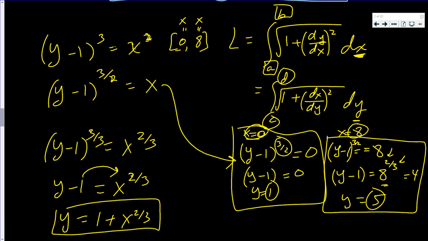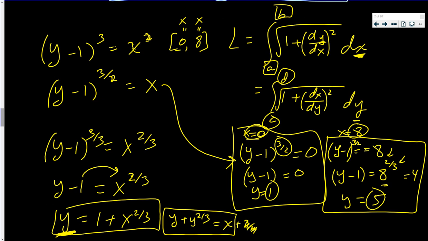Sometimes you may not be able to solve for y. If you had y plus y squared, or y to the 2/3 equals x plus 3 over x, well, let's not do that. Let's just leave it at this. Good luck solving for y.